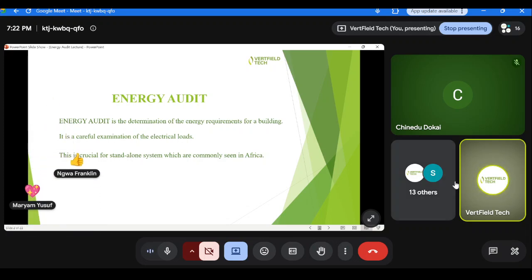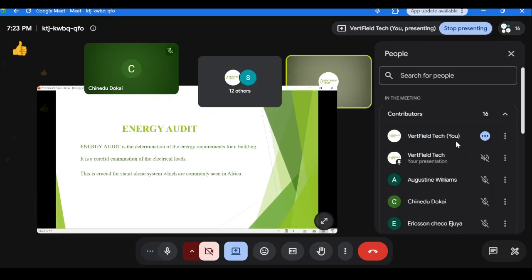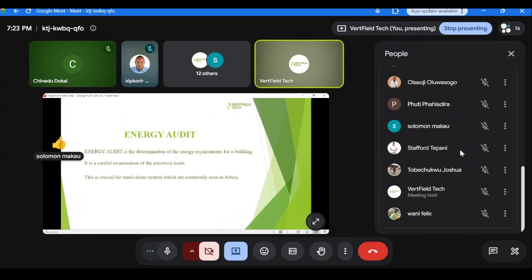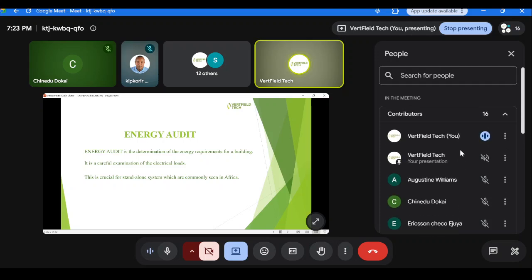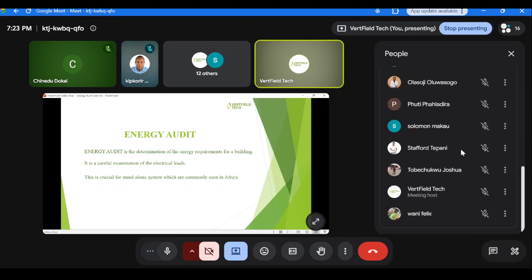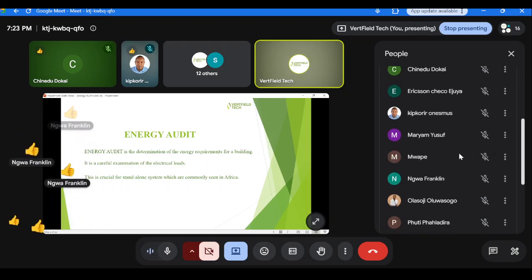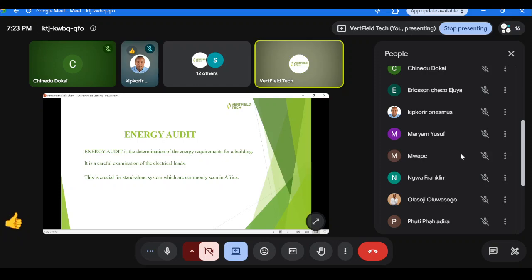Can you see my screen? If you can talk to us, what can you see on the screen, please? Just unmute yourself and tell us what you can see on the screen if you are here with us. Okay, I need to be sure you can see my screen. Let somebody tell me what he or she can see on the screen.